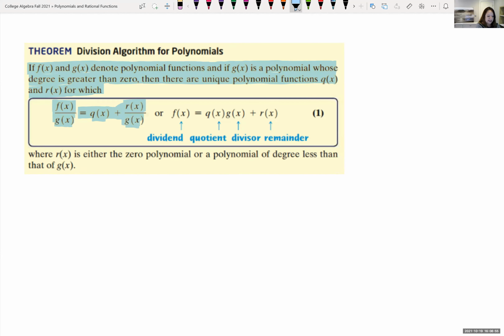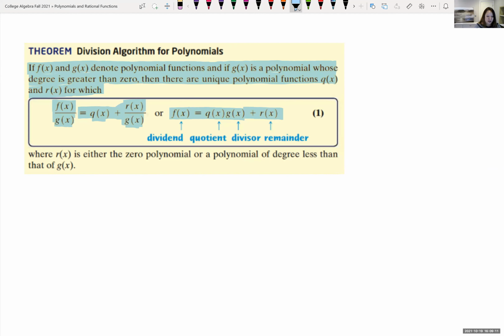Or another way to state this, and this is the way we're going to be using it for this class, f of x is equal to q of x times g of x plus r of x.